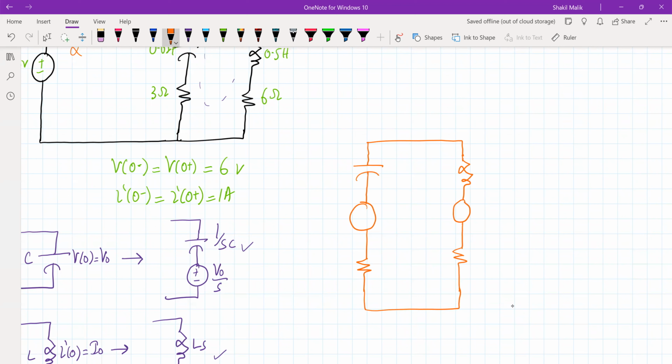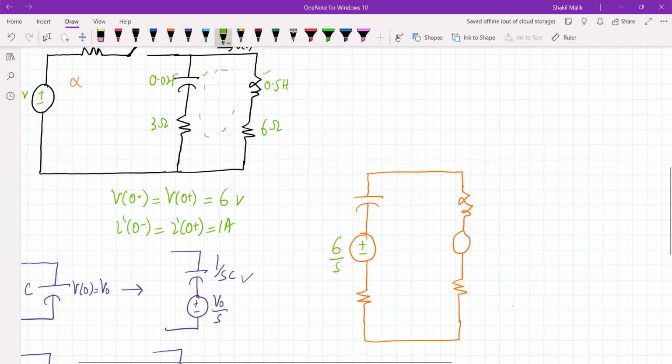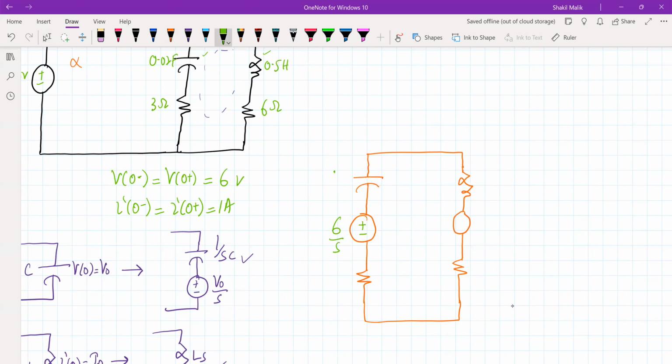Let me write the values now. This is V0 by S, and V0 is 6, so it will be 6 by S. Then 1 by SC: 1 by C is 0.02, that is 50, so 1 by SC will be 50 divided by S. The inductor is LS, so it will be S by 2, because L is 1 by 2 or 0.5.